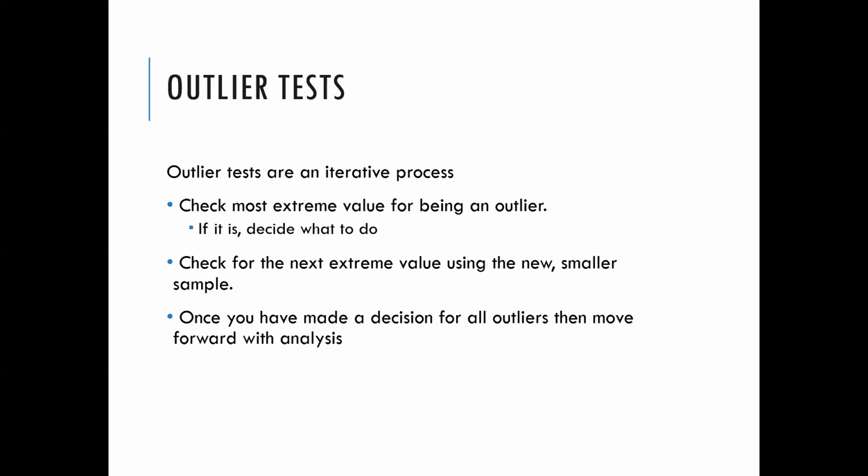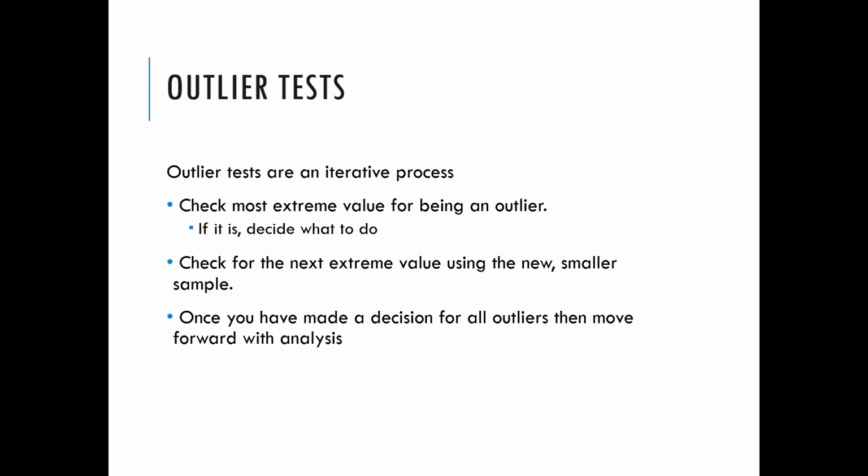Okay, so outlier tests are an iterative process. That means we would check the most extreme value first, and then we decide what to do. And sometimes we would take it out. And then we check the next extreme value using the new smaller sample. So let's say we detect a very extreme value, we decide it's an outlier, and we take it out.